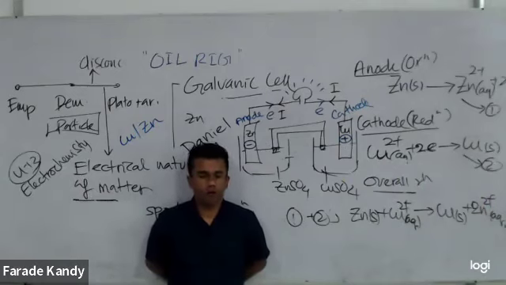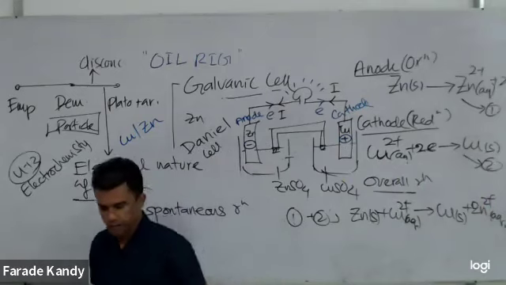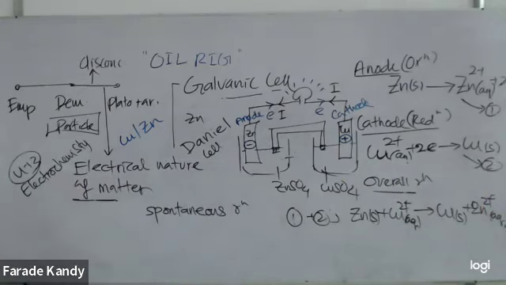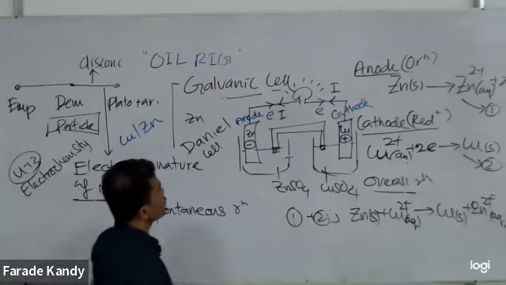There is electron flow from zinc to copper, and the direction of current flow is from copper to zinc.